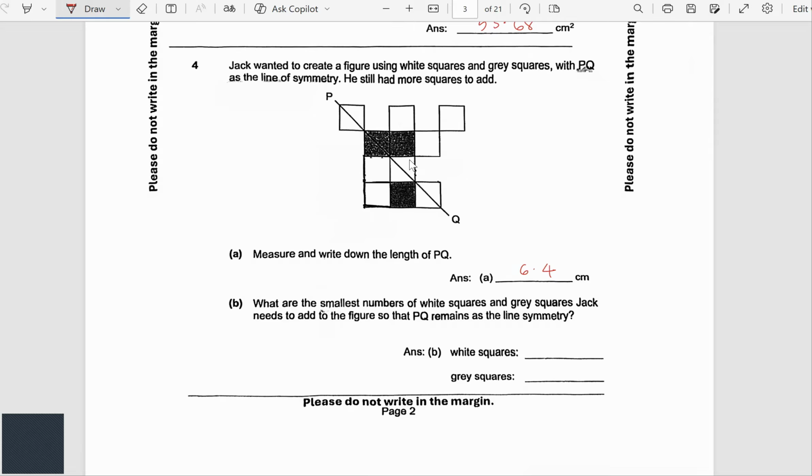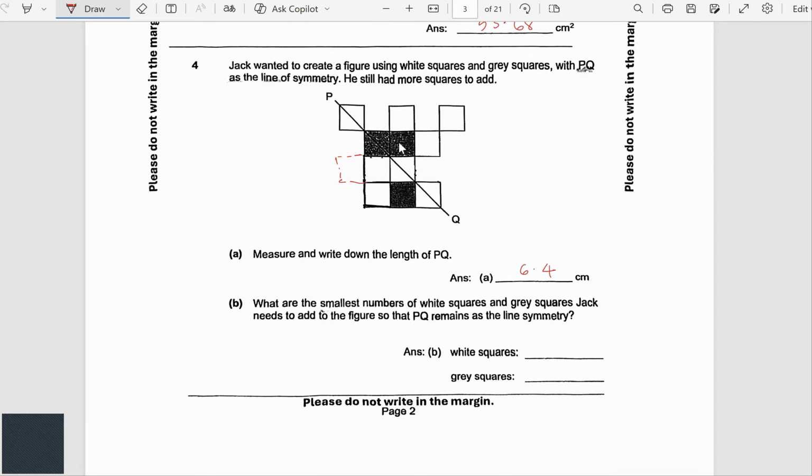So if we look at the squares here, we start from the top, we go along this line here. So this one is okay, this part here is okay, but next to it there's this square here. So there is a square that you need to add to match this one.